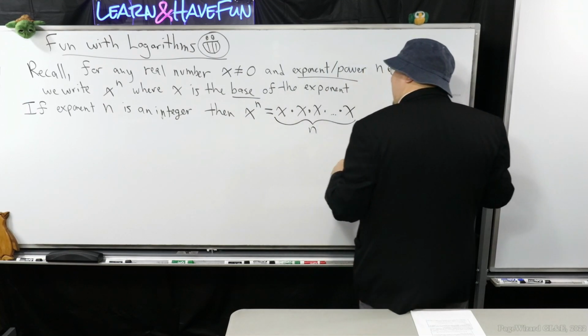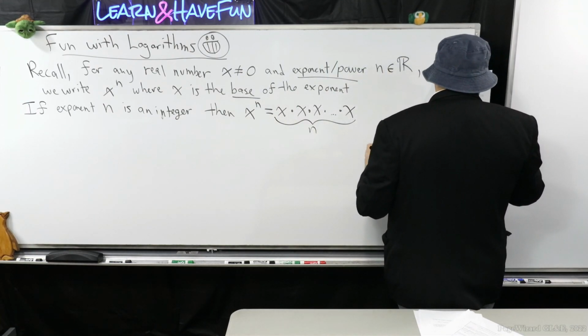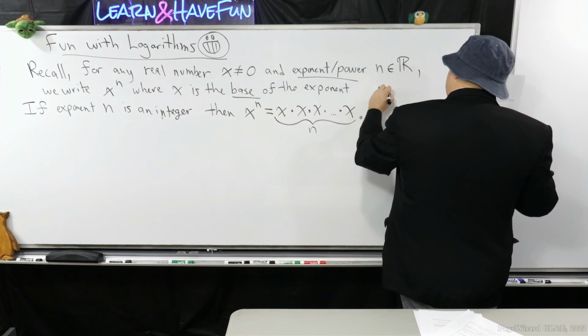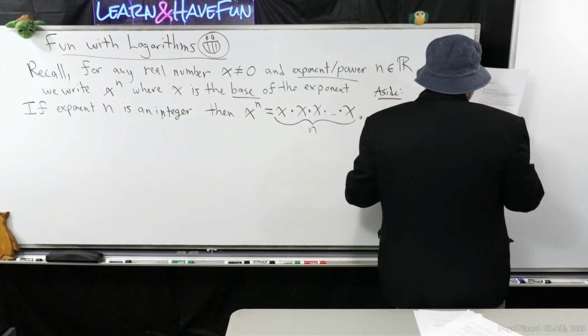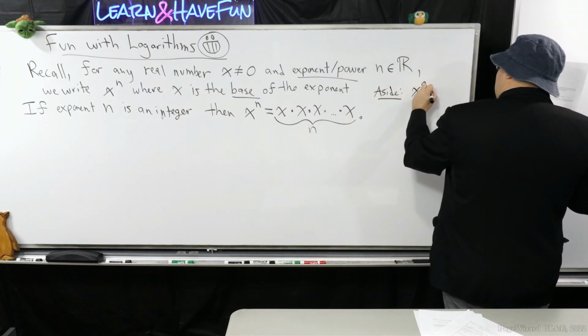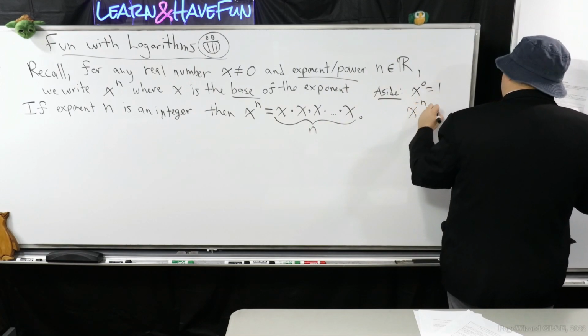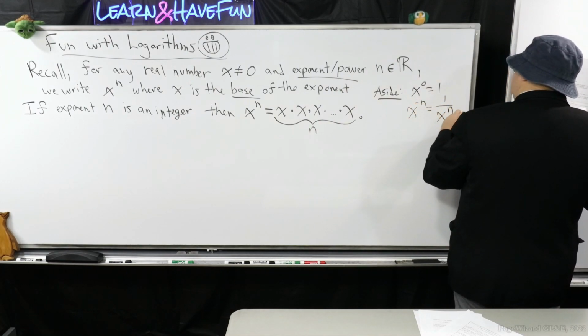So we have a product of n x's. As an aside, keep in mind that x to the power of 0 is equal to 1, and x to the minus n is equal to 1 over x to the power of n.